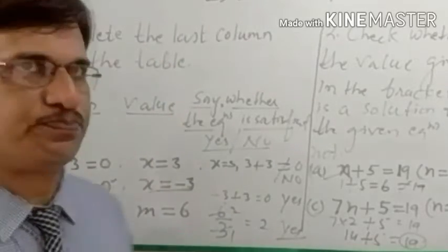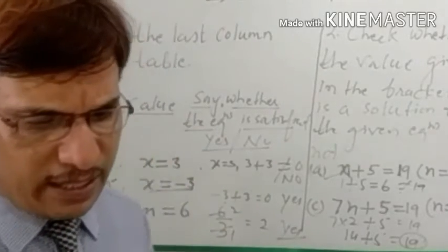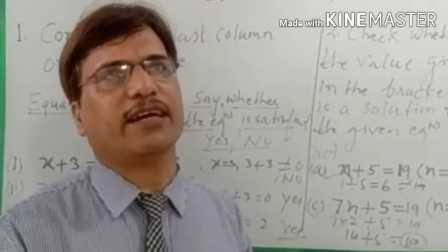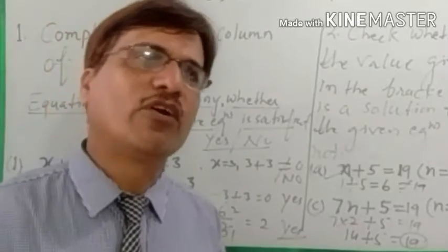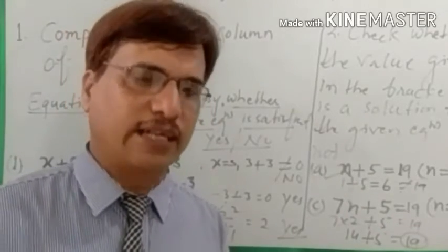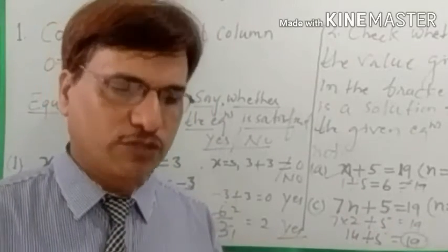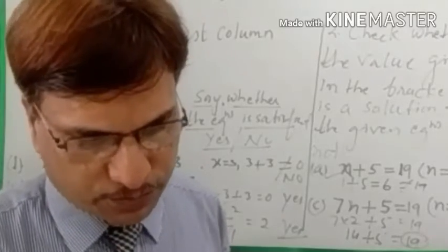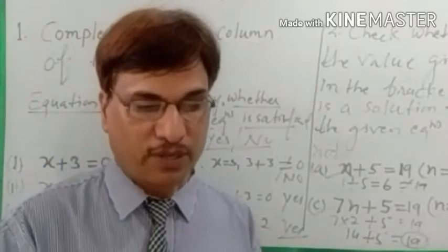Question number 3. Solve the following equation by trial and error method. You have already learned how to solve the equation by trial and error method. So you can do both the questions. Now question number 4.